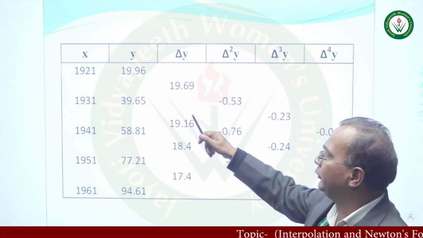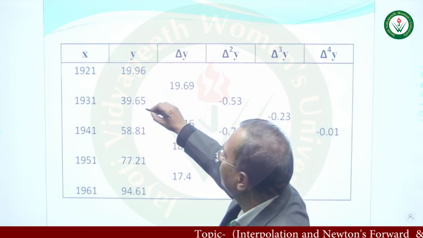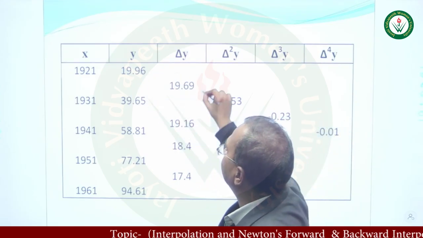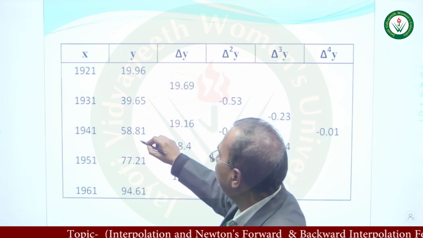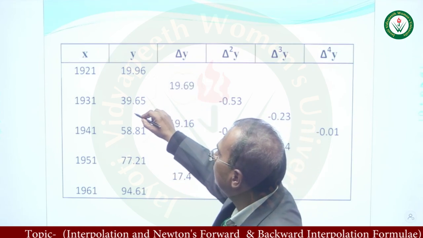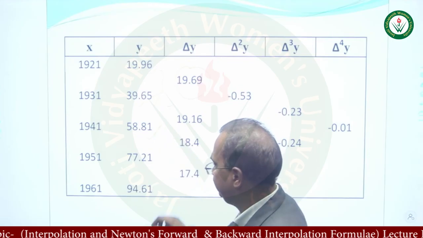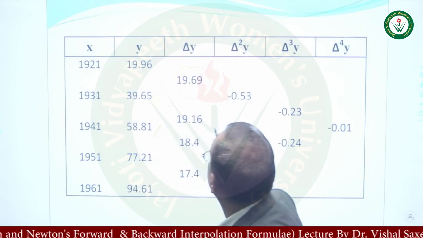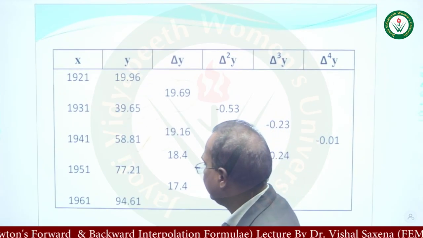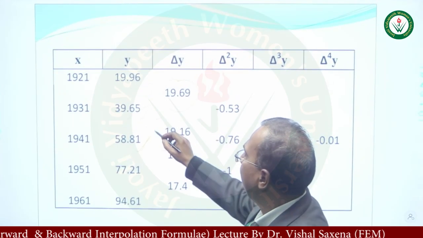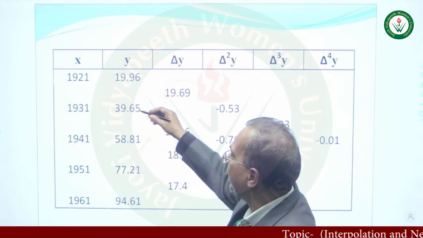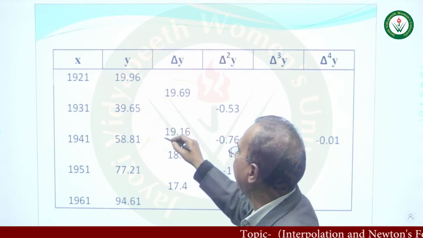See this one here, this value minus this value will give us this value. Now this value minus this value, so if we subtract this value from this value, then we will get this value.